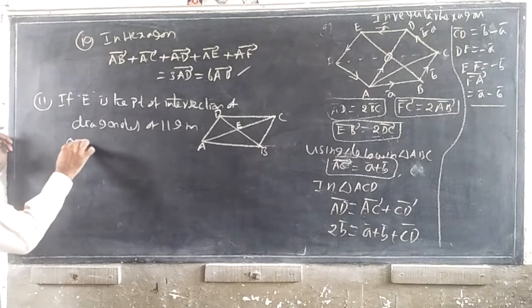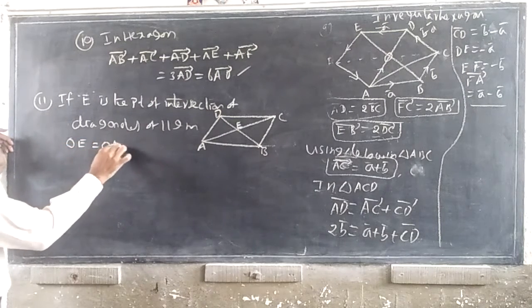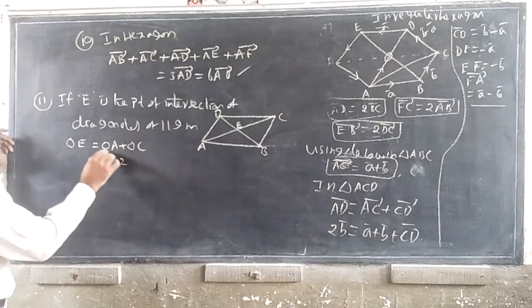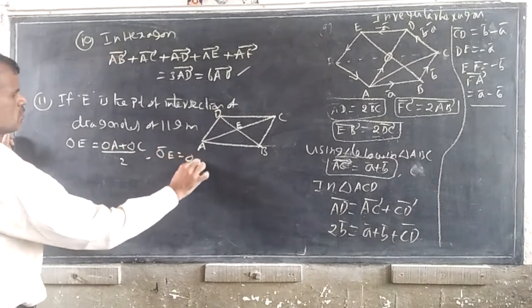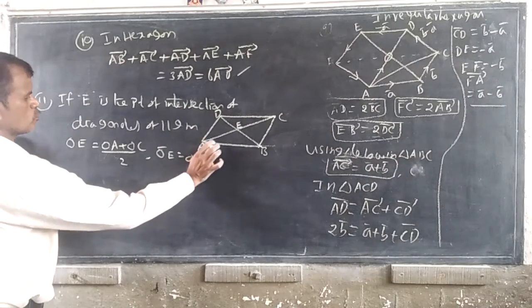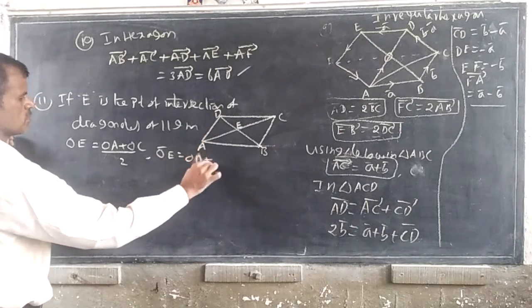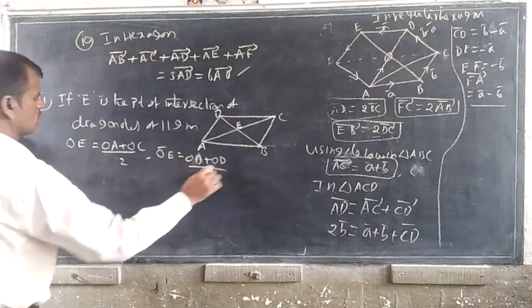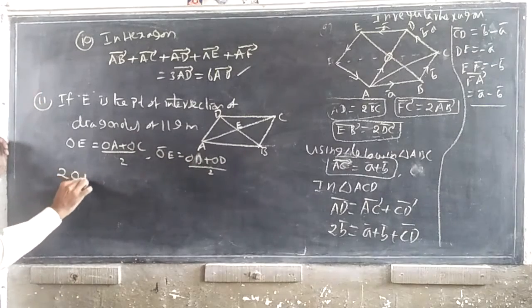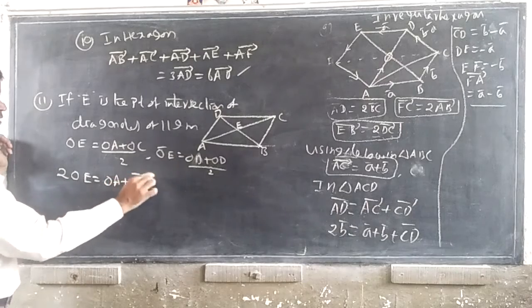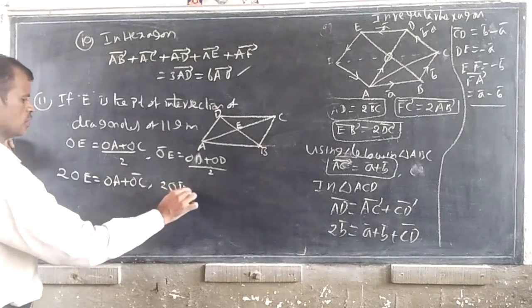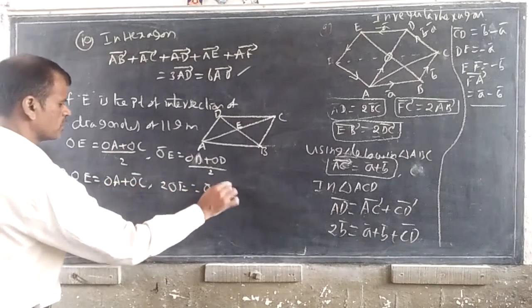Midpoint of diagonals: OE is equal to OA plus OC by 2, comma, OE is equal to OB plus OD by 2. So 2OE equals OA plus OC, comma, 2OE equals OB plus OD.